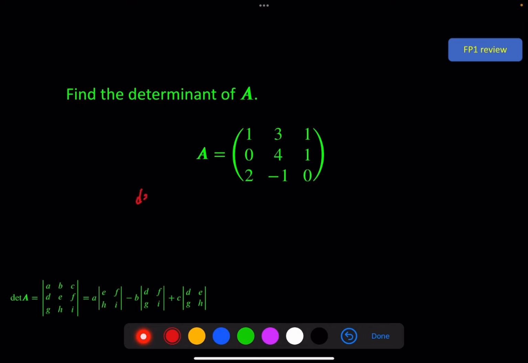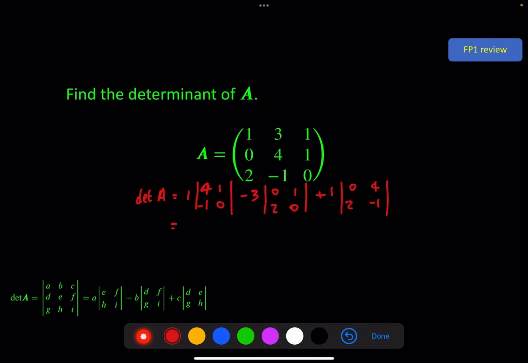So the determinant of A is equal to, we do these three elements in order, so 1 times the determinant of 4, 1, minus 1, 0, minus 3 times the determinant of 0, 1, 2, 0, plus 1 times the determinant of 0, 4, 2, minus 1.